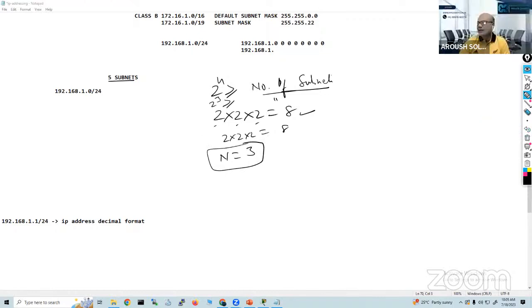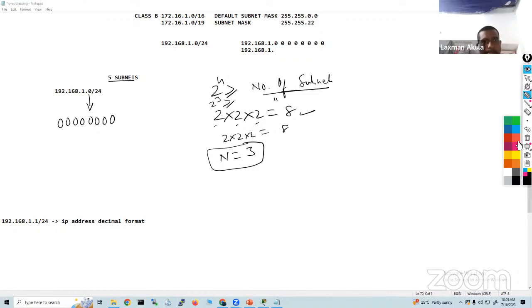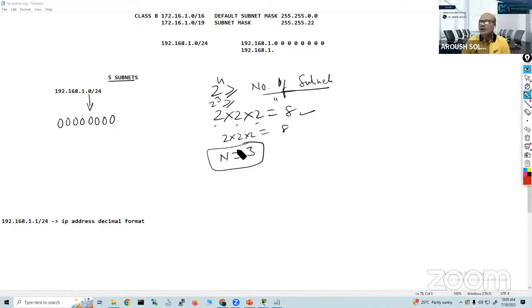Yeah. So now, as you can see, this is the same IP address. I will take this last octet. What is the last octet? 1, 2, 3, 4, 5, 6, 7, 8. Lakshman, just see here. So now the n value 3 is, remember, 1, 2, 3. Now this will become the network portion and this will become your host portion.